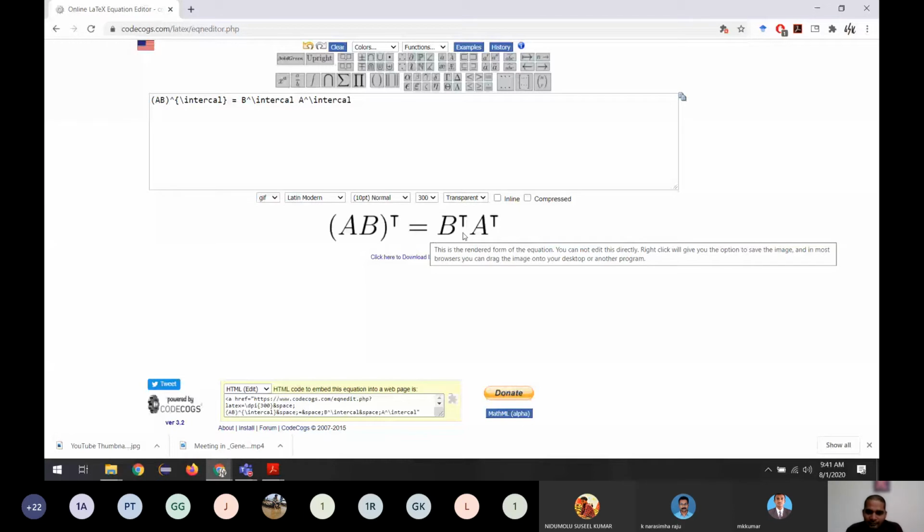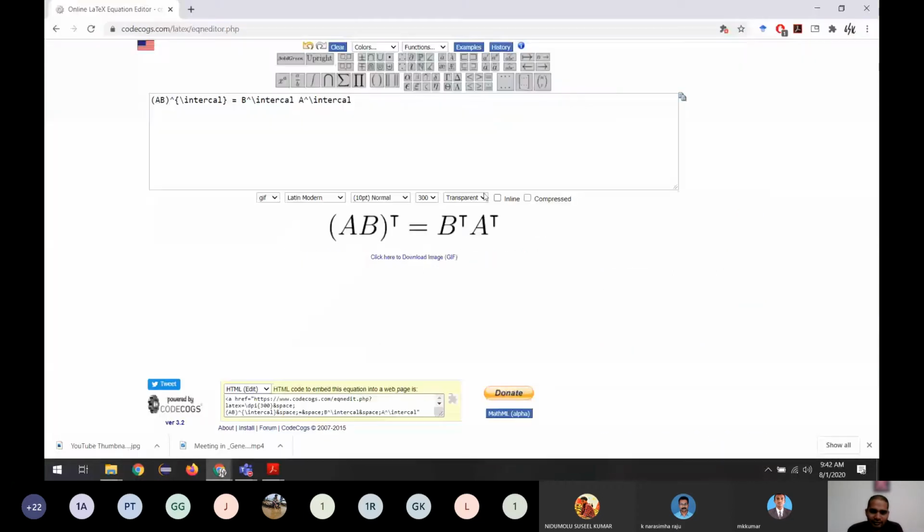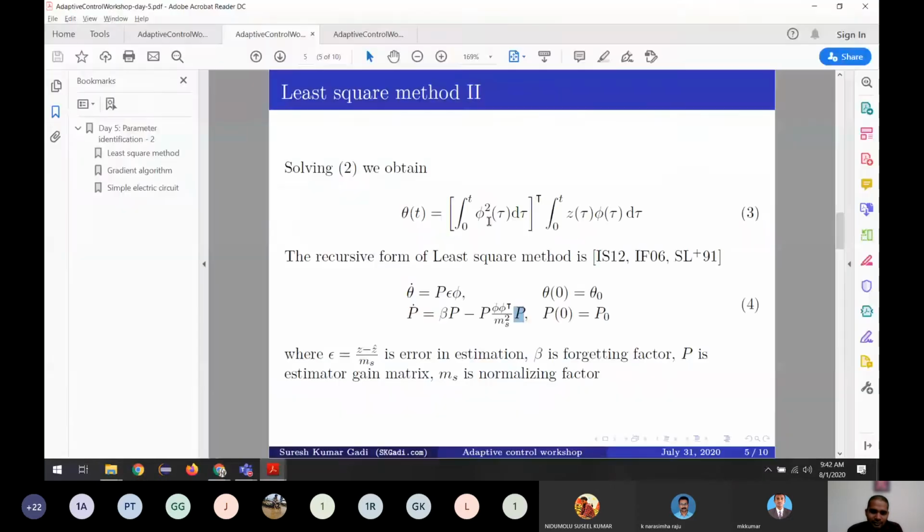Also we said that P is a positive definite matrix. When we say positive matrix, what does it mean? It is a symmetric matrix and all its eigenvalues are positive. So what can we say from this? If we take the transpose, P is the same value. P transpose is P.